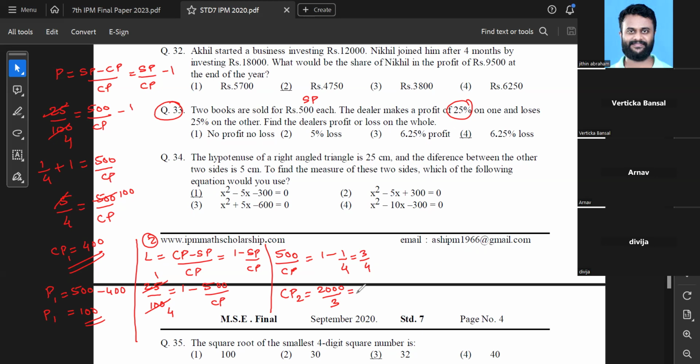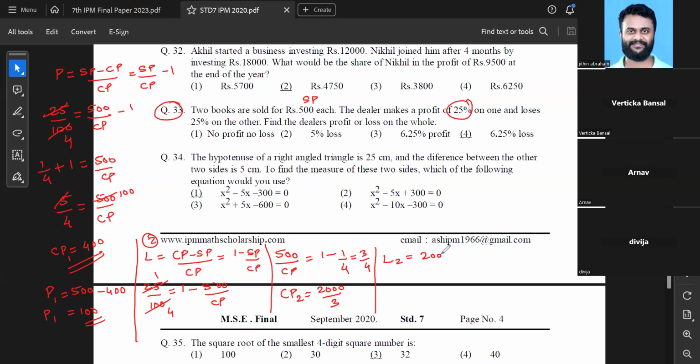I'll write this like this only. So that gives me the loss in the second case to be cost price minus selling price.